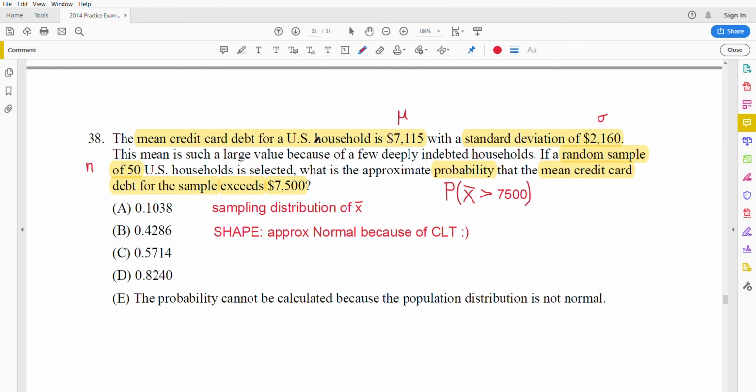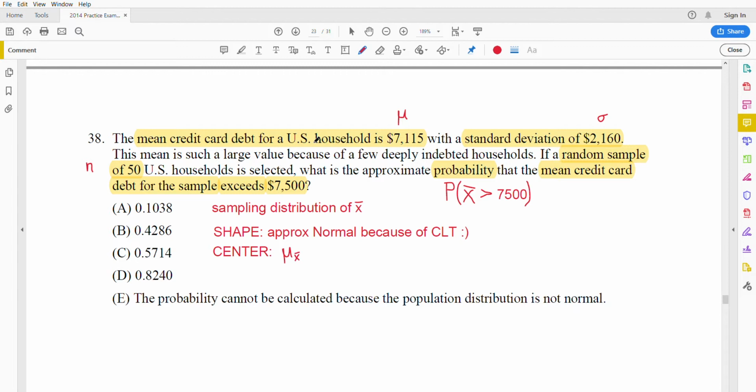Okay. Our sample size is at least 30, and so by the time your sample is that big, when you look at multiple sample means or X bar values, plotted out on a dot plot, they're going to have an approximately normal shape. Okay. The center, now I'm just stealing this formula from the formula sheet.